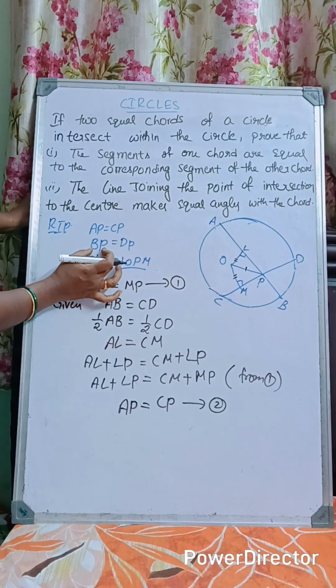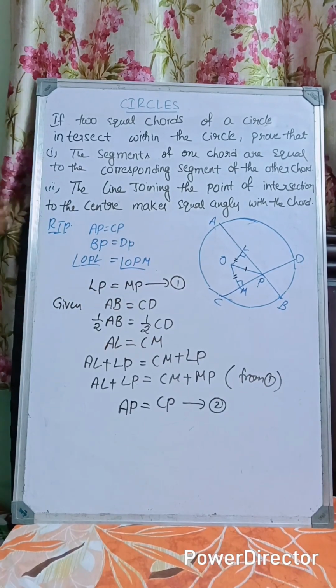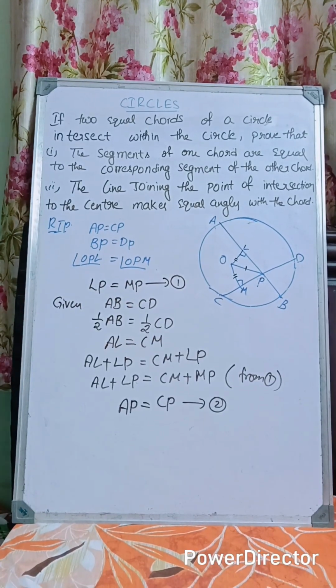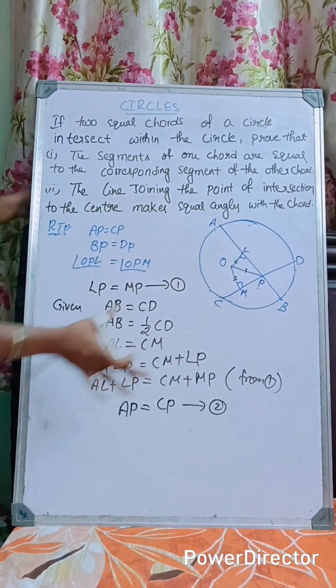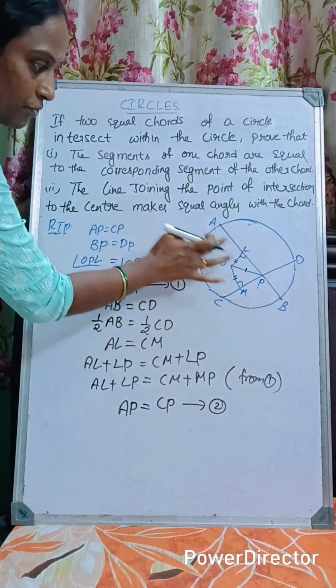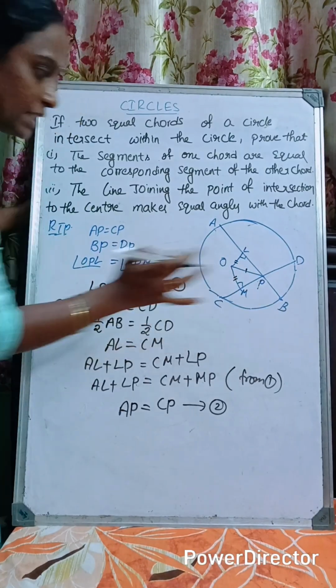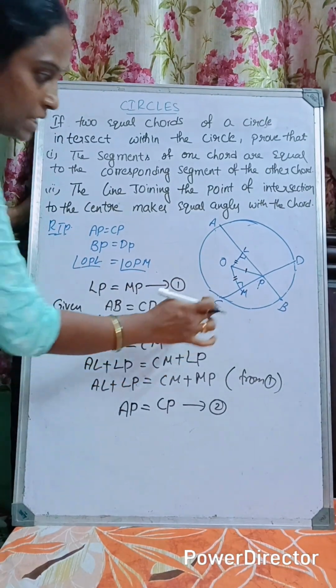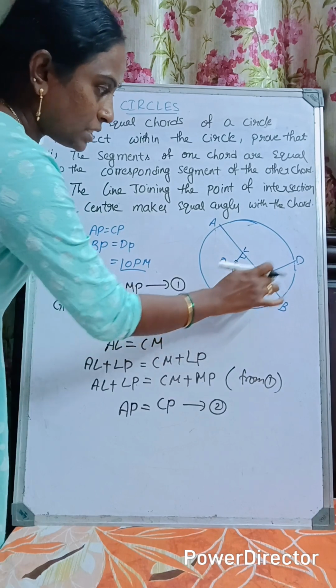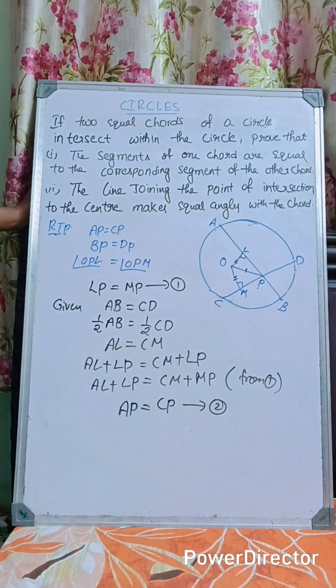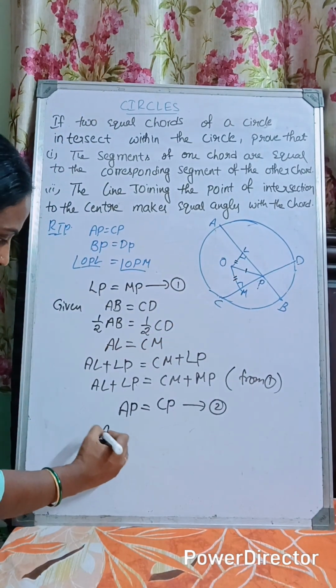Next, one more thing we have: BP is equal to DP. Correct? Now to prove that one, from chord AB, AB minus AP means BP we will get. In the same way, CD minus CP means DP we will get. Now, we know that AB is equal to CD, right?